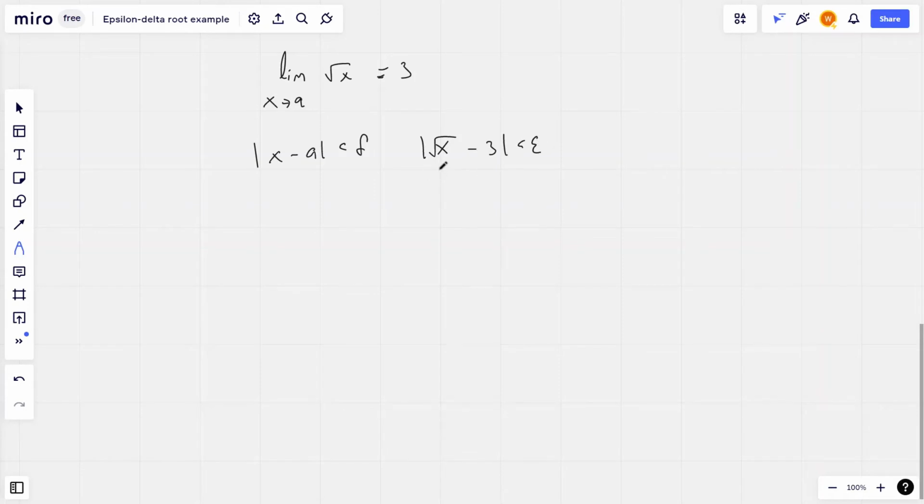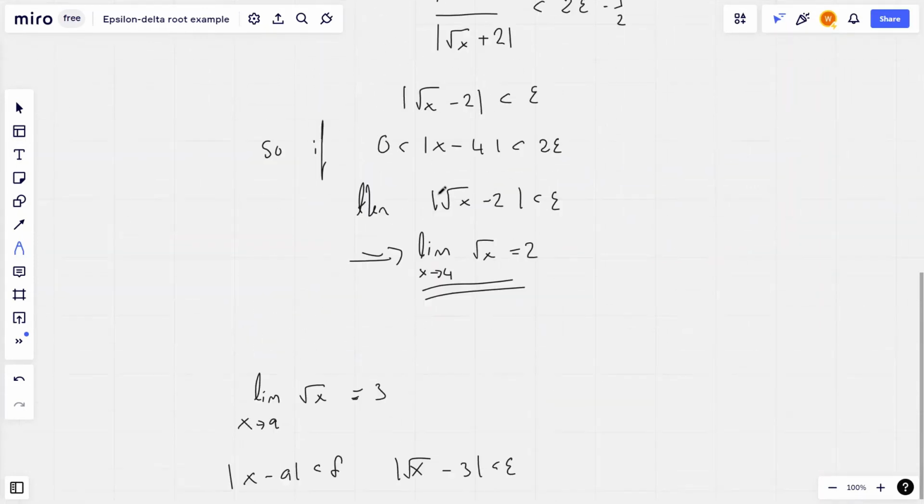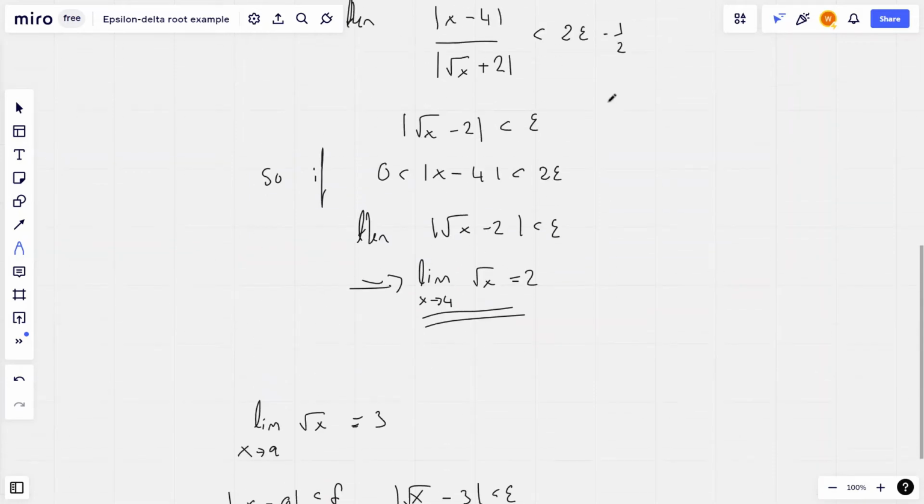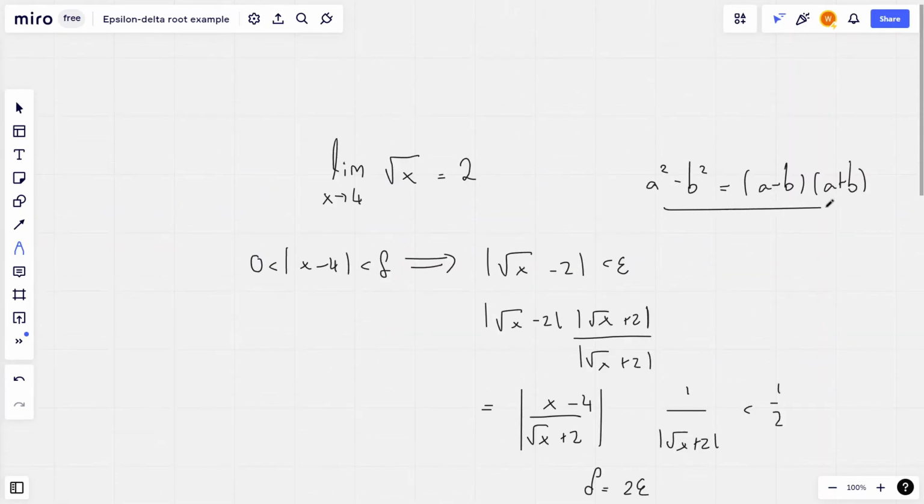So then multiplying by 1 in a way such that we can achieve our left hand side, we get that x minus 9 over square root x plus 3 is less than epsilon. We just utilize the difference of two squares again.